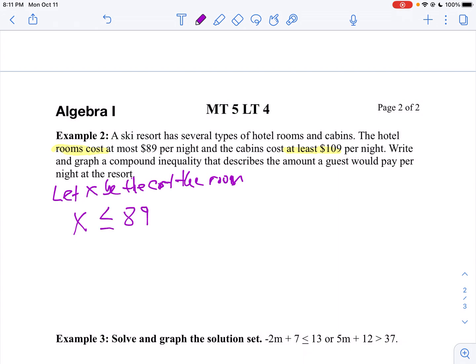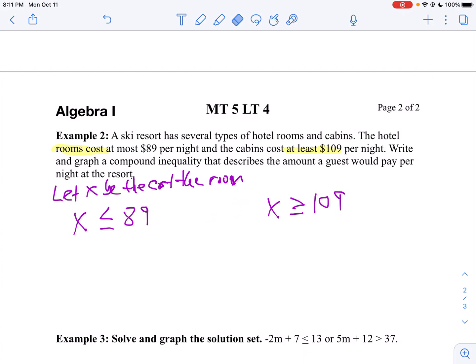At least is $109. So, and X costs $109 or more. So X is less than 89 and X is greater than 109. That doesn't make sense, does it?